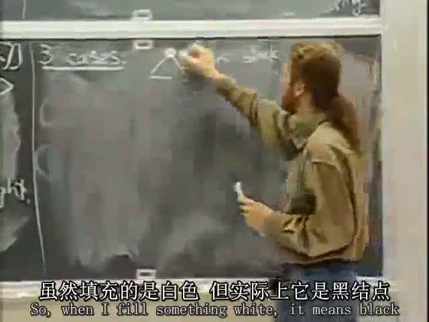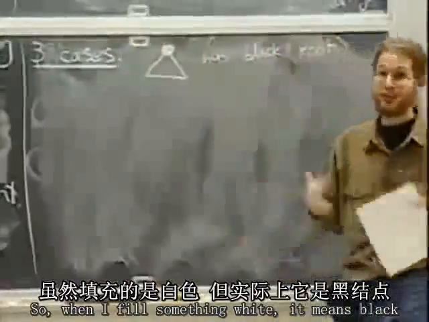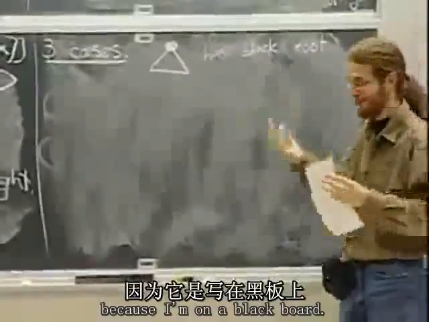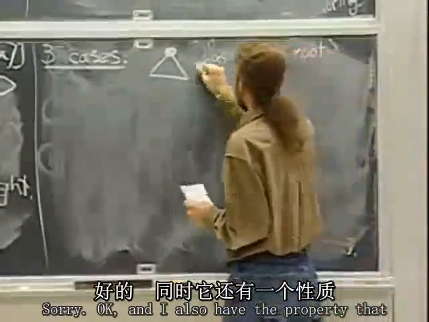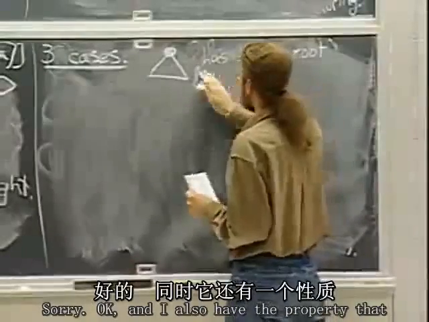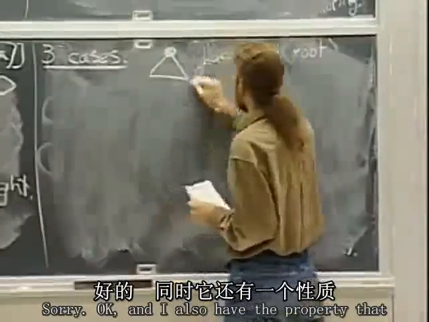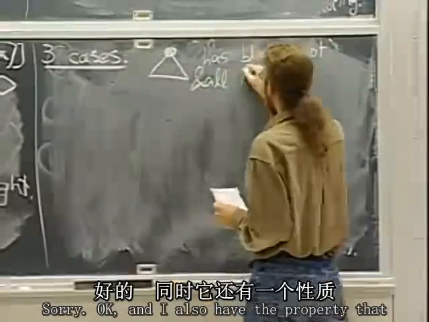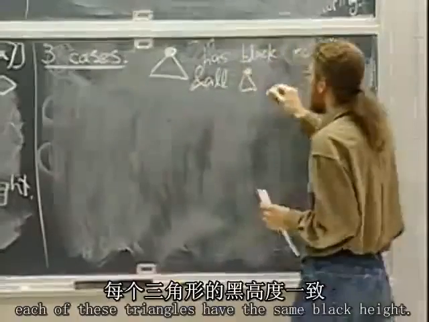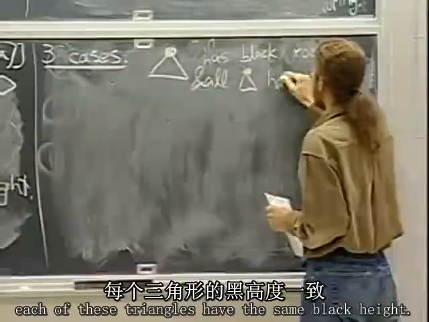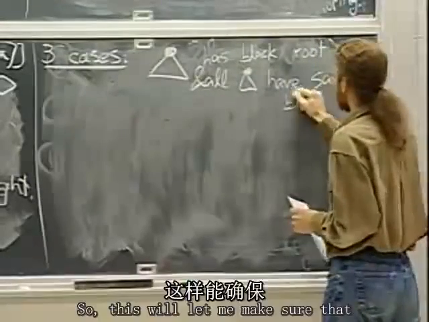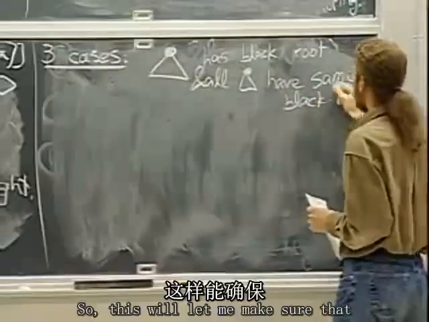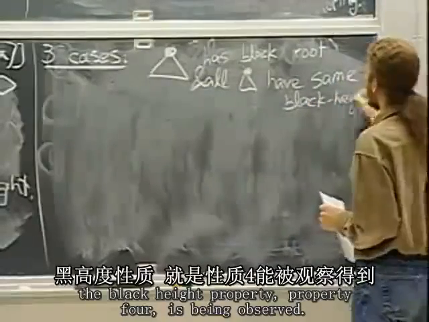So when I fill something white, it means black because I'm on a black board. Sorry. I also have the property that each of these triangles have the same black height. So this will let me make sure that the black height property 4 is being preserved.